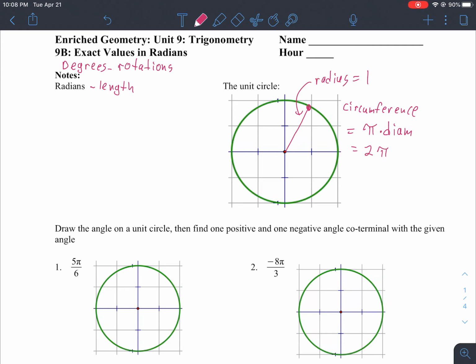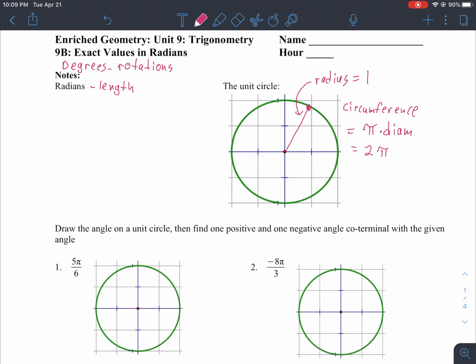So pi is about 3.14, somewhere around 3. So for example, if the radius is 1 foot, then the circumference is about 6 feet. But we'll just call it 2 pi instead of 6 feet, which looks weirder, but it's more theoretically accurate.